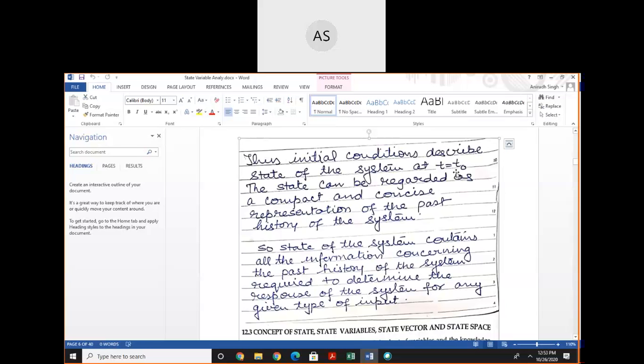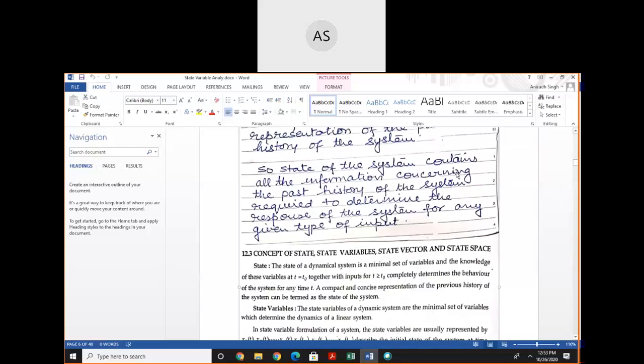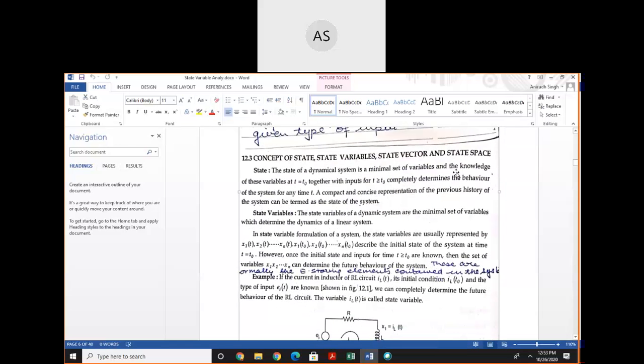You can define state as the initial conditions of the system, or you can say that states are the past history of the system. So the state of the system contains all the information concerning the past history of the system required to determine the response of the system for any given type of input.